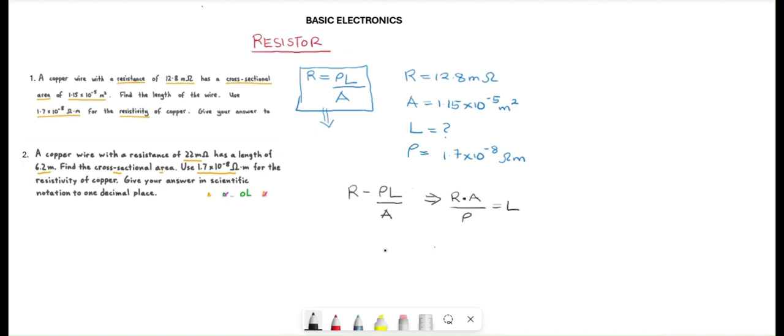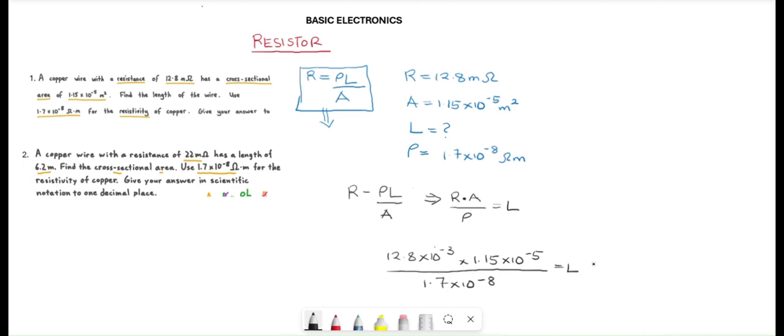So what is the resistance in the first question? That is 12.8 milli, that is by 10 to the power negative 3, right? Then times the cross-sectional area, which is 1.15 by 10 to the power negative 5, all over the resistivity, which is 1.7 by 10 to the power negative 8.